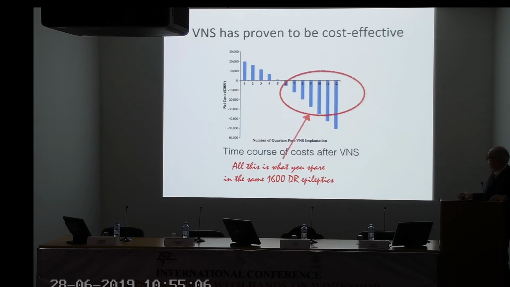And this is what you spare after 4 years of application. The life of the battery generally is between 4 and 5 years. So this is what you can put on the budget to convince your administrator that it's not only effective, but it is cost effective.